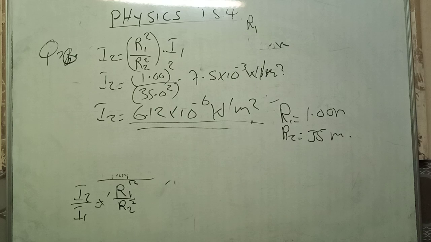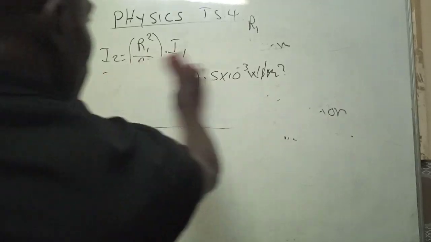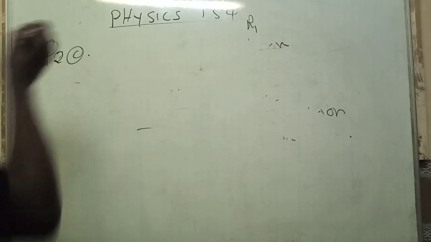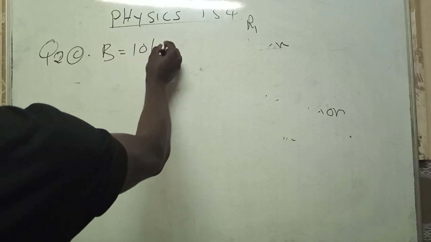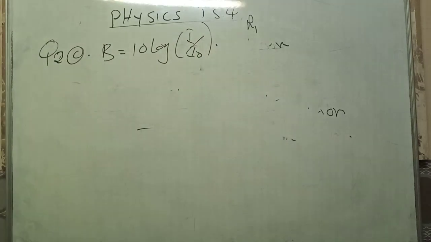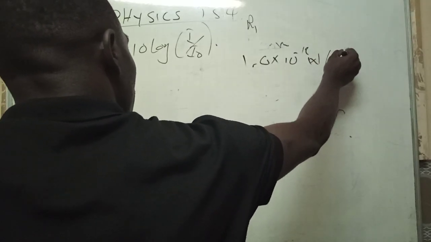Then the answer for C is: find the decibel level at a distance of 35 meters. So the same formula which we used in the first question, question 2 part C, 10 log of I over I0, where I is the intensity and I0 is the threshold of loudness which someone can hear, 1.0 times 10 to the power -12 watts per meter squared.